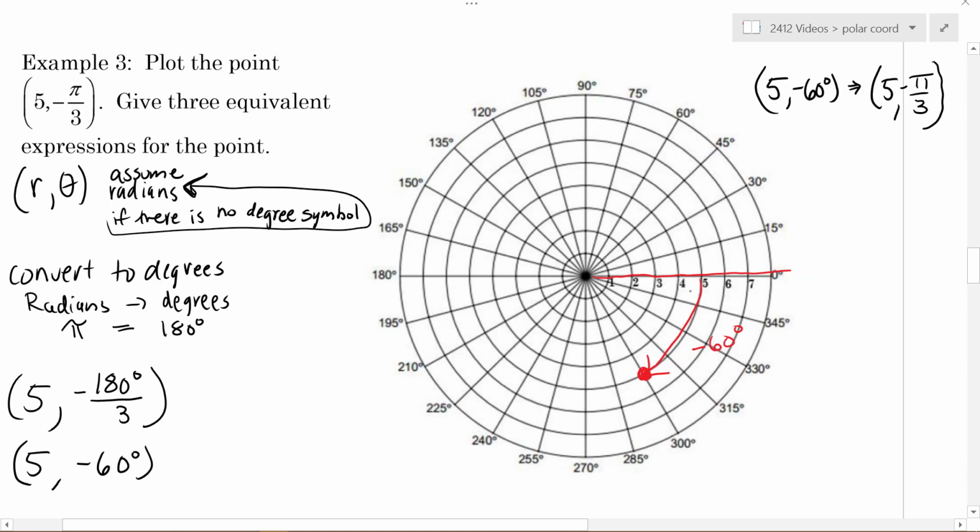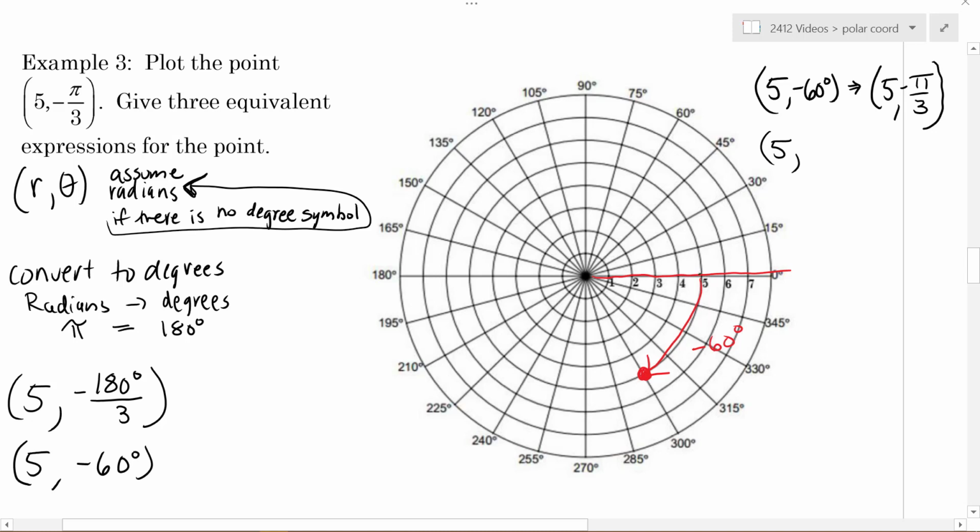What's another way of representing this angle? Let's say that I have a positive r value again. And let's think about it in degrees, and then we'll convert it to radians. So what's another way that I could get to this exact same location?